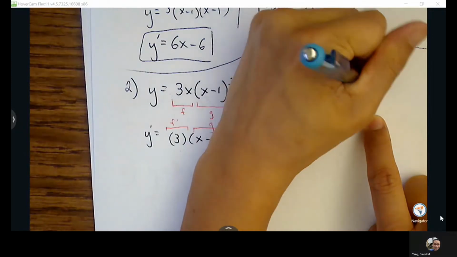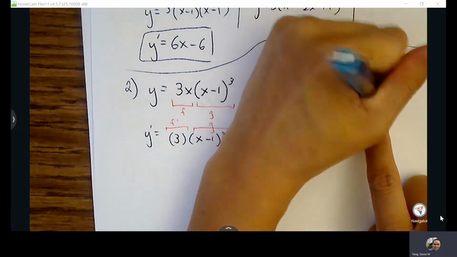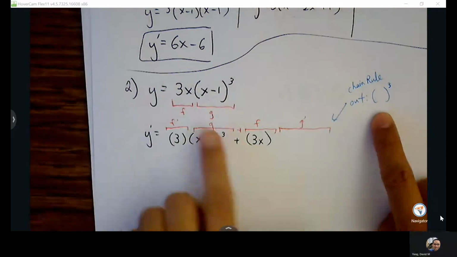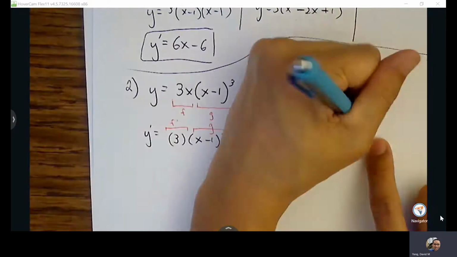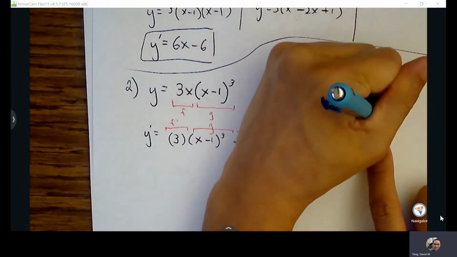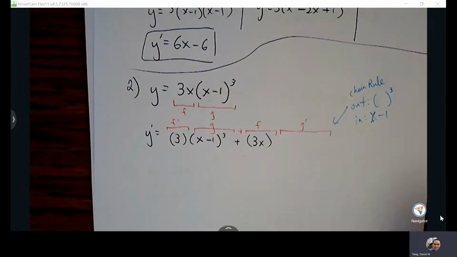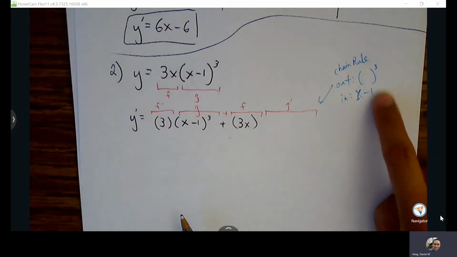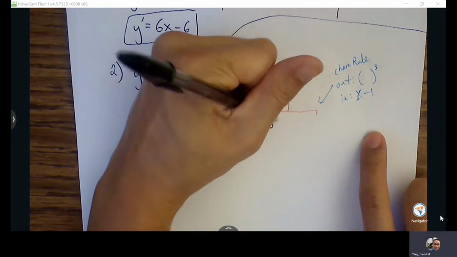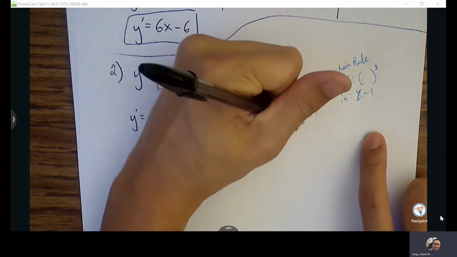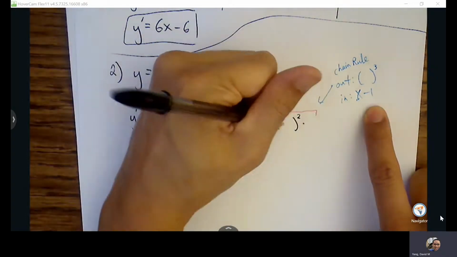Along with the parentheses. Yeah, x minus 1 cubed, right? And then the inside portion is the x minus 1. So we take turns with each part. Outer portion is the parentheses cubed. So we get 3 parentheses squared with the inside filled in.